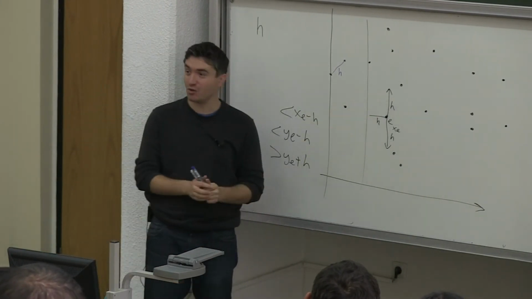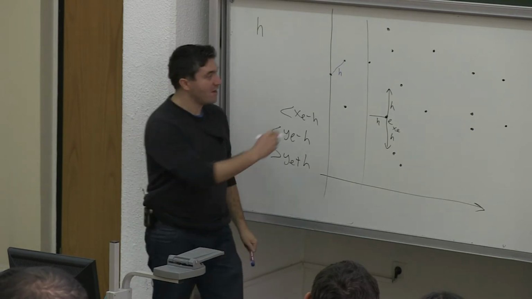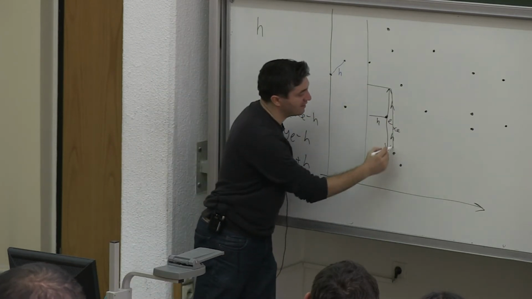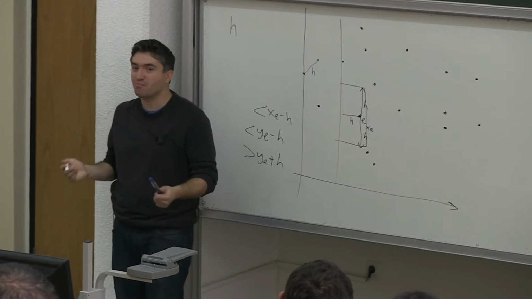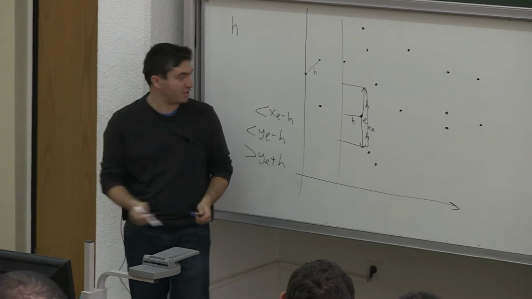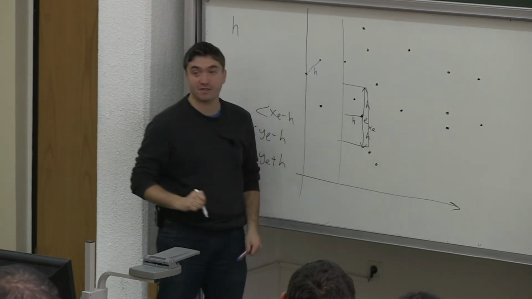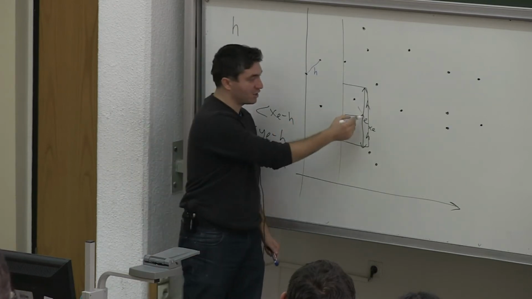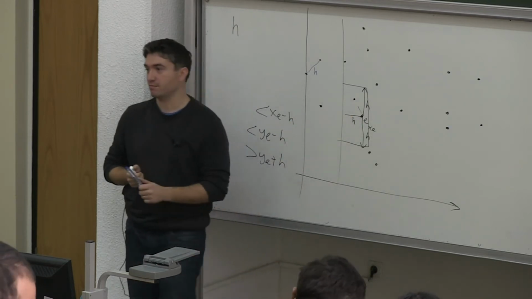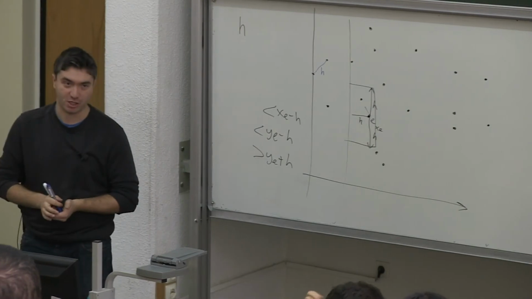So all I need to do, when I'm doing my sweep, is look at this region. If there's a point within this region, for example, if there was a point here, it can potentially decrease the current minimum h.